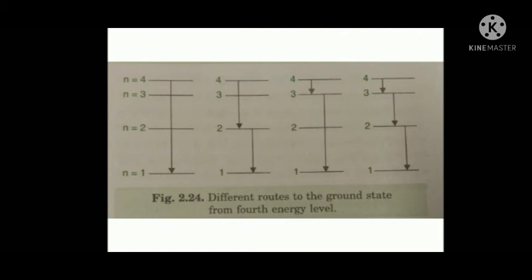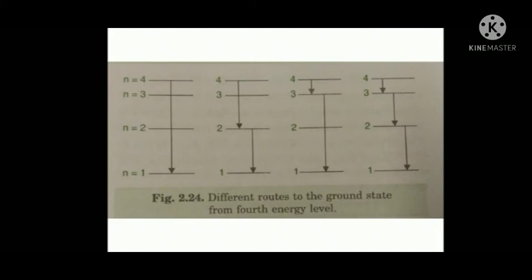Here there are three jumps, and during these three jumps the electron emits energy in the form of radiation, and corresponding to this radiation we will get three different lines in the spectrum of hydrogen. All these are the possibilities for the electrons. Depending upon the jumps we will get different lines, so many lines occur in the spectrum of hydrogen.